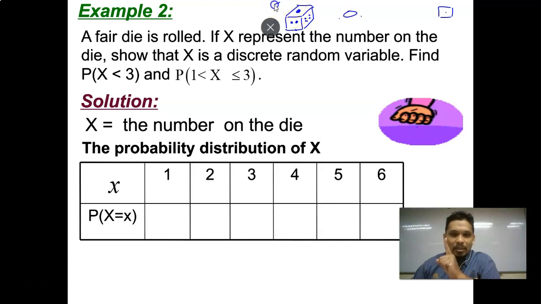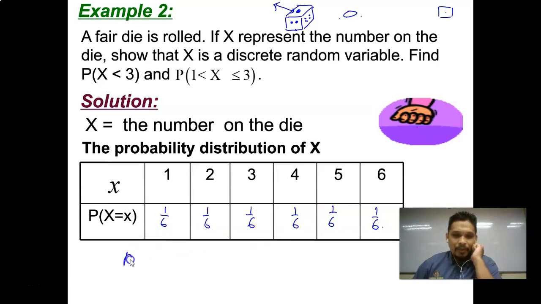Looking at the numbers that appear on the top, every single number 1 until 6 comes up with equal probabilities, which is 1 over 6 each.